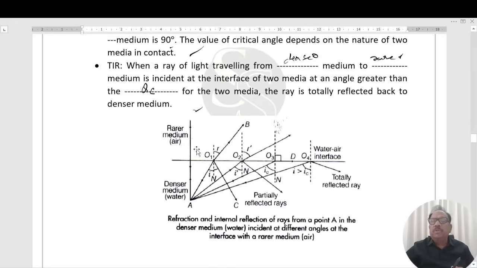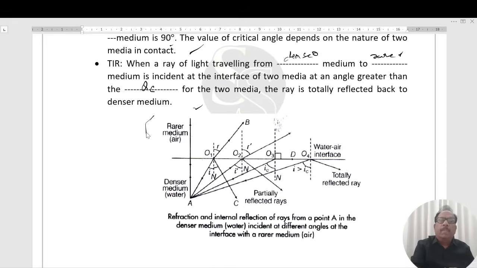Here is the explanation by diagram. This is the denser medium, this is the rare medium.